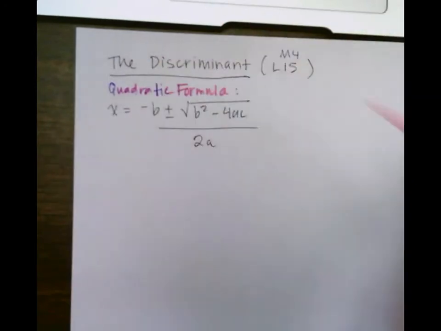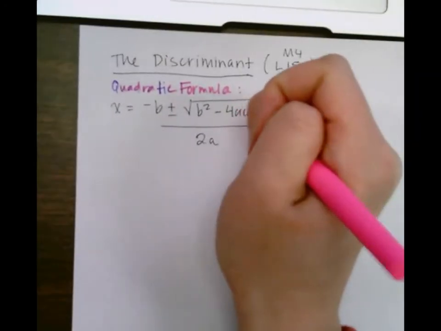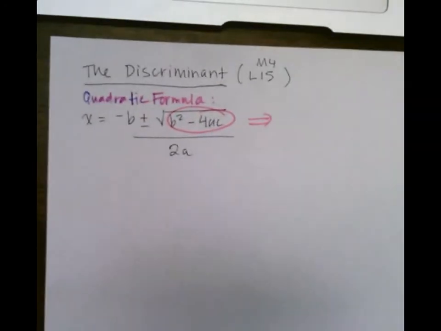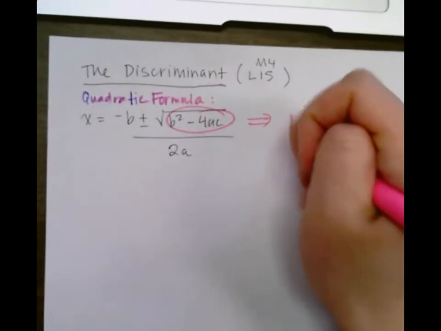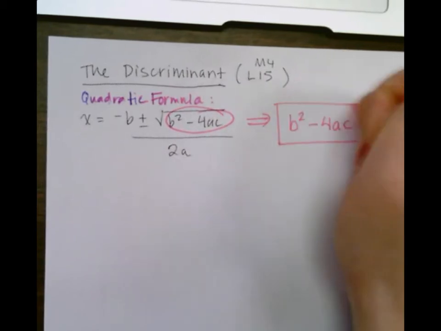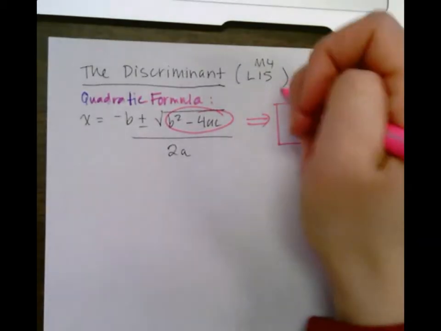And then the discriminant is the part of the quadratic formula inside of the radical, inside of the square root. So b squared minus 4ac, this is the discriminant.